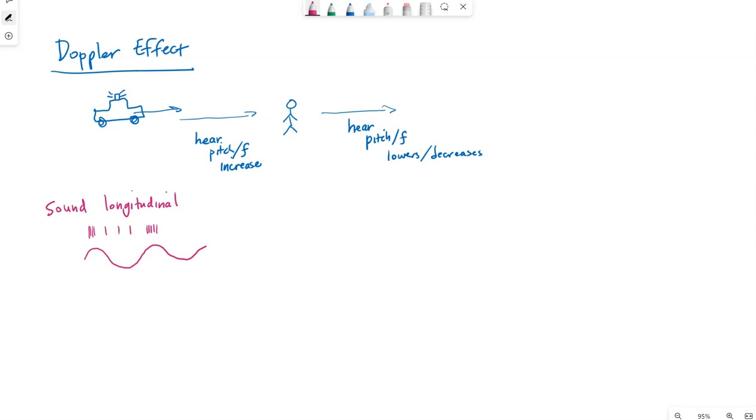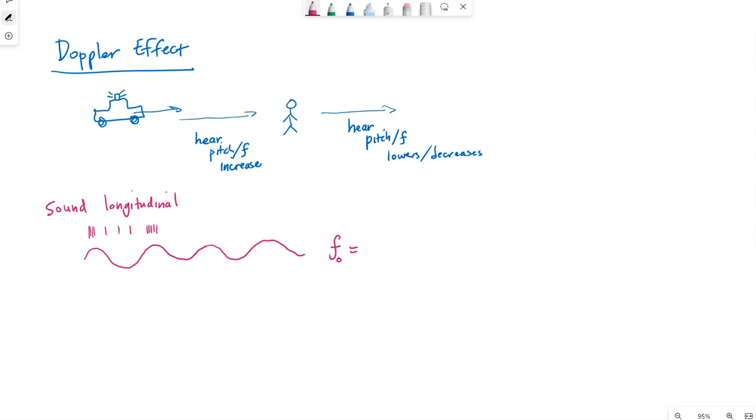So the siren itself, if the cop car or ambulance, whatever it is that we're listening to, were just sitting at rest, it emits a specific frequency. That frequency sometimes changes, like we hear it going woo, woo type thing. For our equation that I'm going to introduce, we will be using f naught, and we're just going to assume one constant frequency.